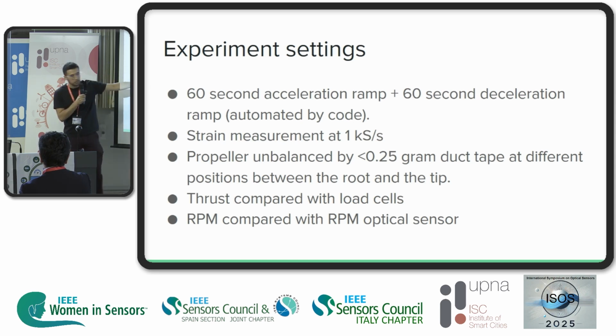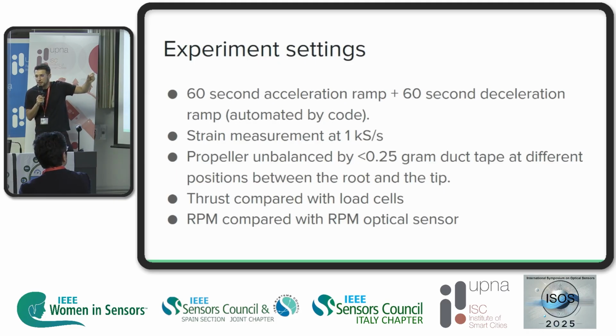So this duct tape weighed under 0.25 grams. We cannot measure that very accurately, but it's on those numbers. And what we did is, between experiments, we started placing this duct tape close to the root of the propeller, so the center point of rotation, which is the one that technically should generate less vibrations.